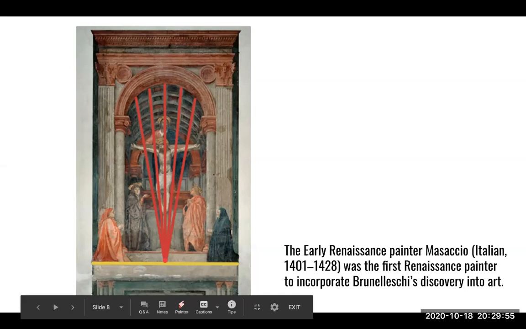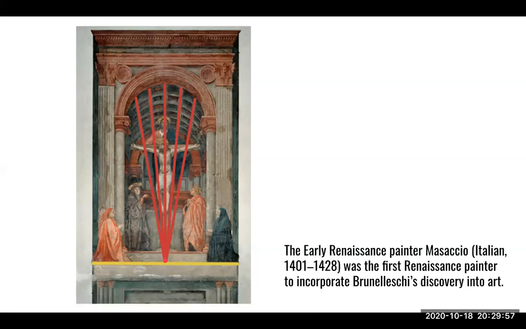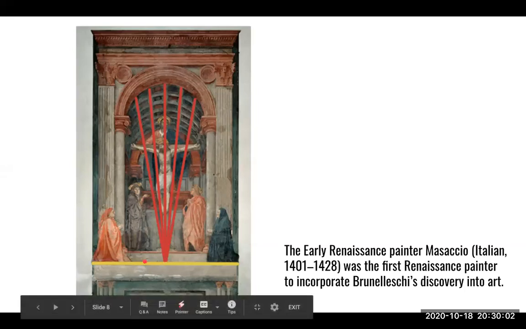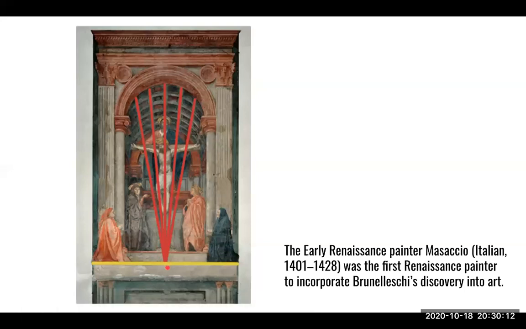So the artist has used the perspective to make us feel like we are down lower before this image of Jesus on the cross, like we're down below him and we're looking up at him. So it's an illusionistic tool to place your viewer wherever you want them to be placed.